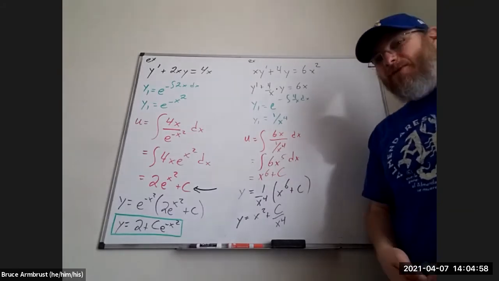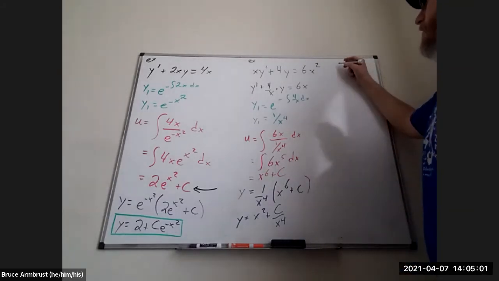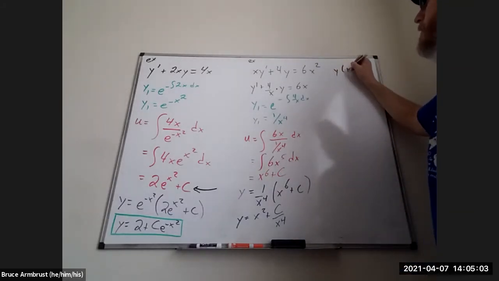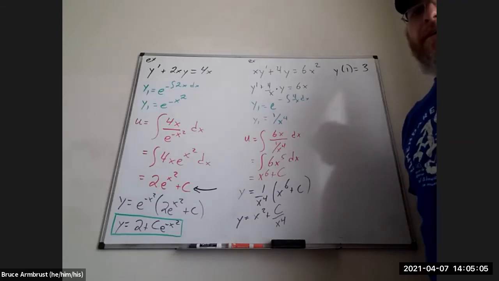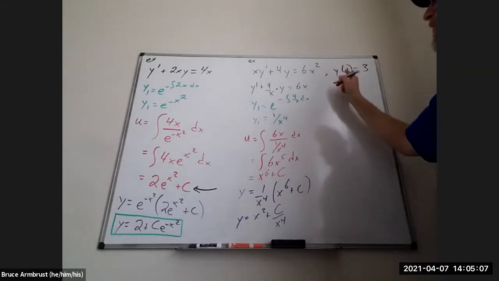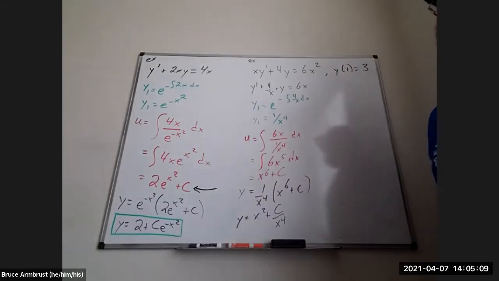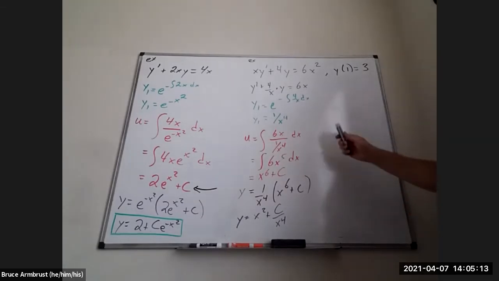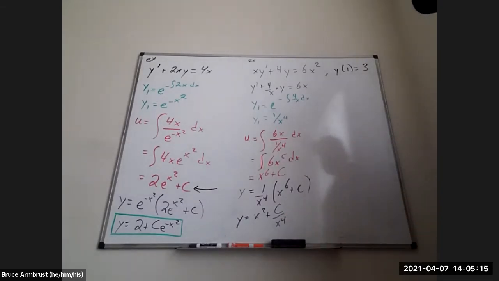And you know, because we haven't done one of these for a while, let's make it an initial value problem. Let's say that we also knew that y of 1 was equal to 3. Let's use that to find our c.